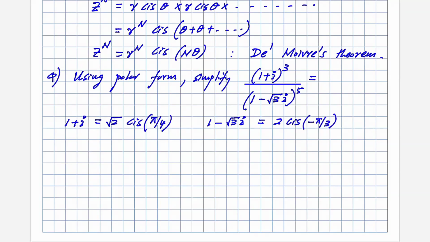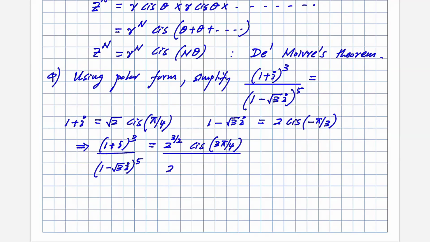So now, 1 plus I to the power 3, I can write as 2 to the power 3 divided by 2, cis 3 pi divided by 4. Check my calculation. See? That power is absorbed inside. De Moivre's is used. Divide by 1 minus square root 3I to the power 5. So that is going to be 2 to the power 5, cis, 5 is absorbed again, minus 5 pi divided by 3.